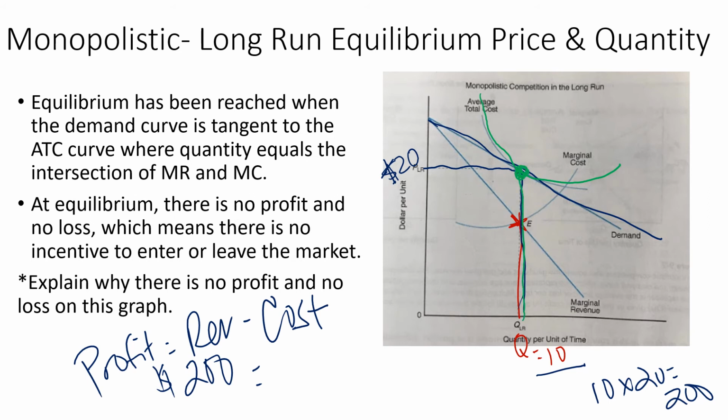It's tangent to the demand curve at this point, so it's also going to be $20. So we produce 10, each of them costs us $20 to produce, that's going to be $200. So our cost is $200. So there's no profit at this point because the cost is equal to the revenue. So 200 minus 200 is 0.